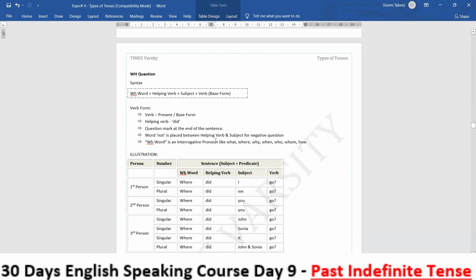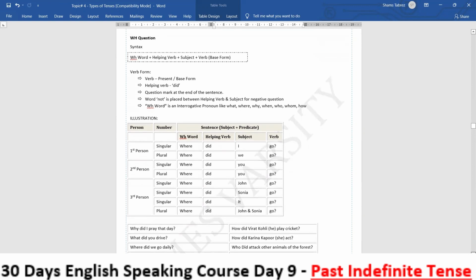The word not is placed between the helping verb and subject for a negative question. And a WH word is an interrogative pronoun like what, where, why, when, who, whom, how. So these are called WH questions.